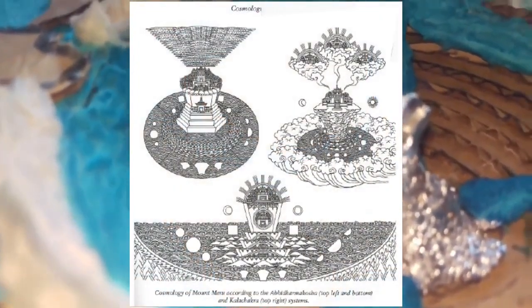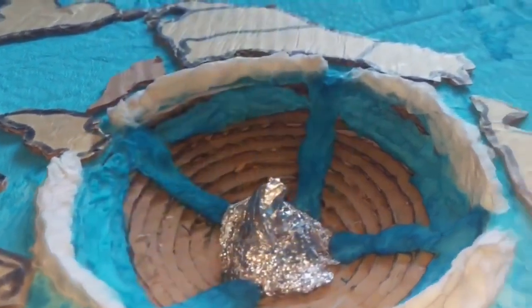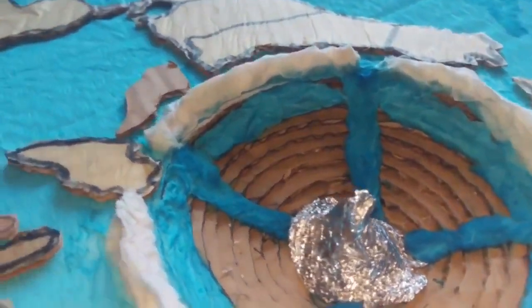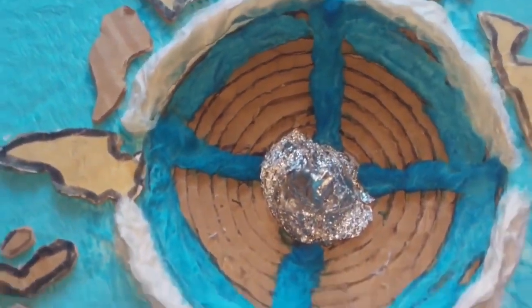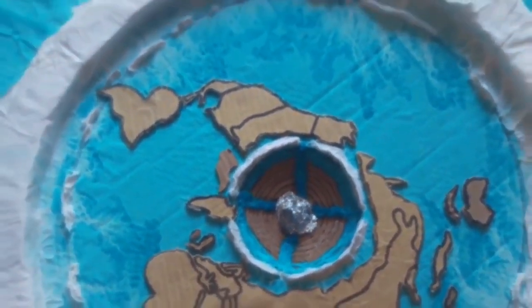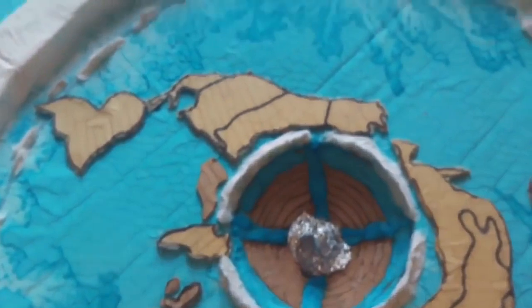The Greeks called it Mount Olympus, at the center of the earth. So that's Mount Meru, and the four rivers dividing the crater continent of Eden. Okay?